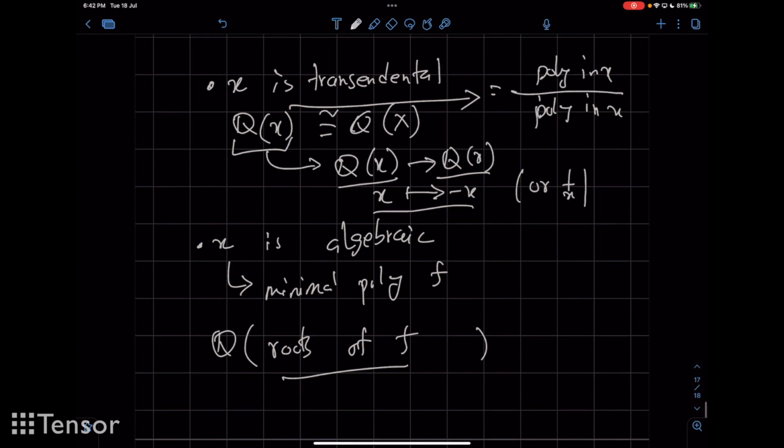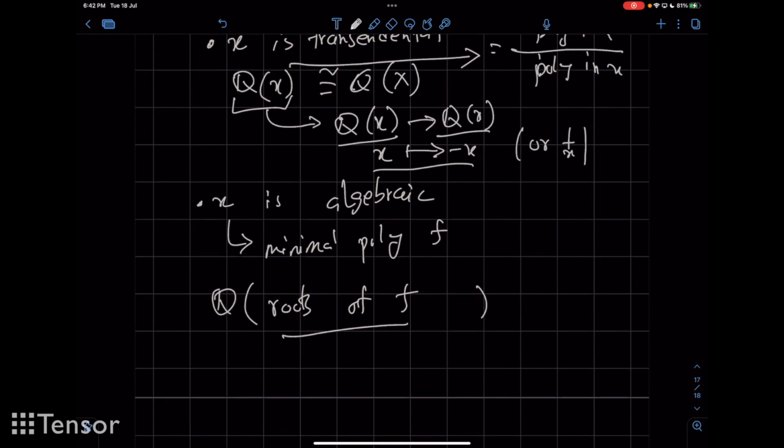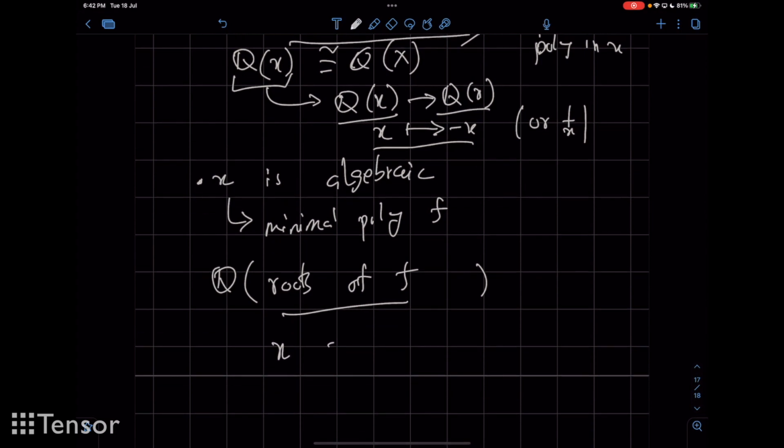So it's a field, and let's say x is a root and x prime is another root. Let's write it like this: R1 is a root, R2 is a root, and up to Rn is a root. Then we can define an automorphism that takes R1 to R2, R2 to R3, R3 to R4, and so on.